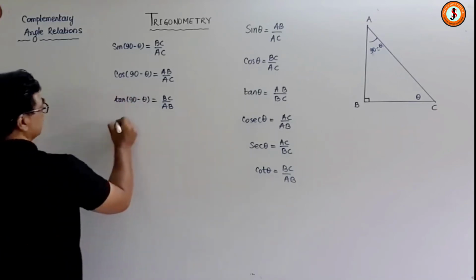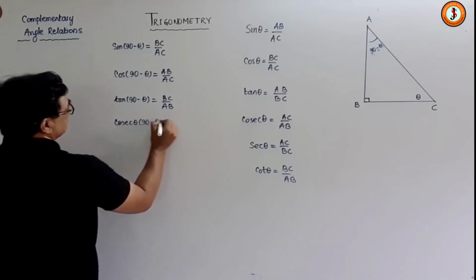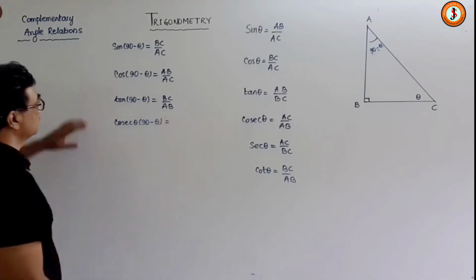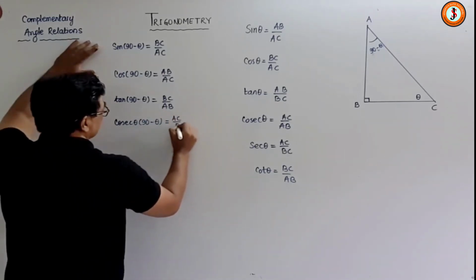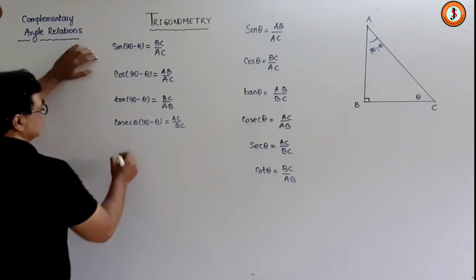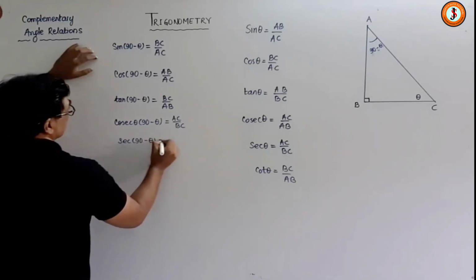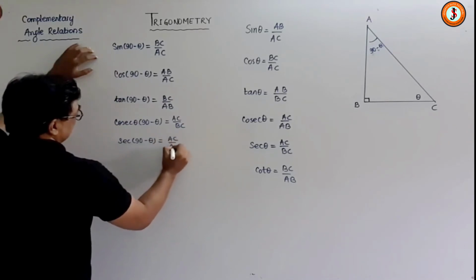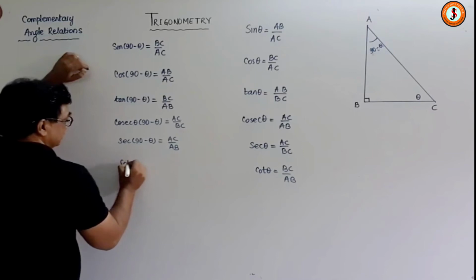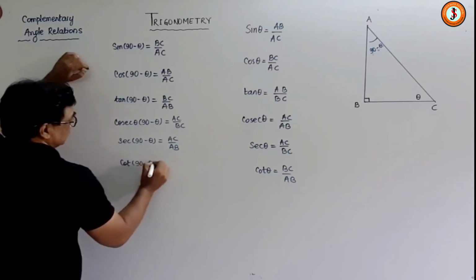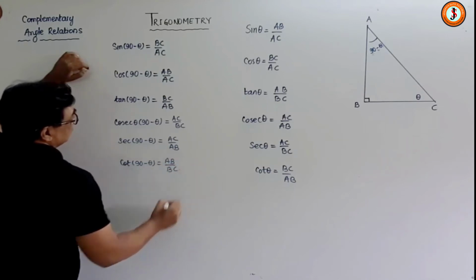Now cosec 90 minus theta is equal to AC by BC. Sec 90 minus theta is equal to AC by AB, and cot 90 minus theta is equal to AB by BC, isn't it?